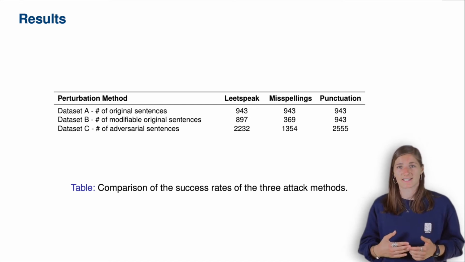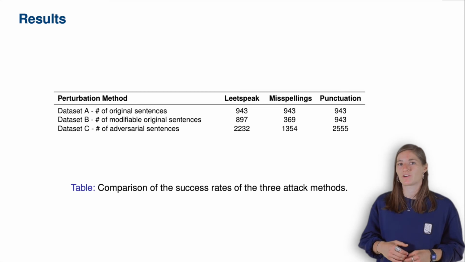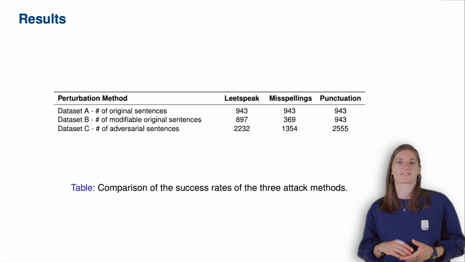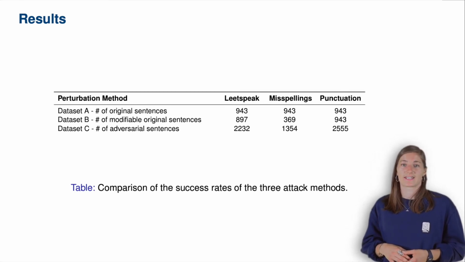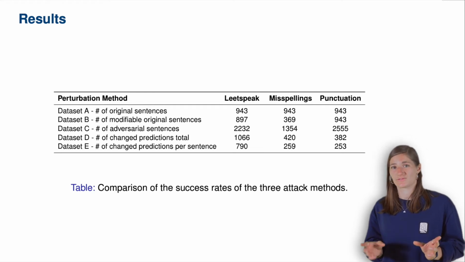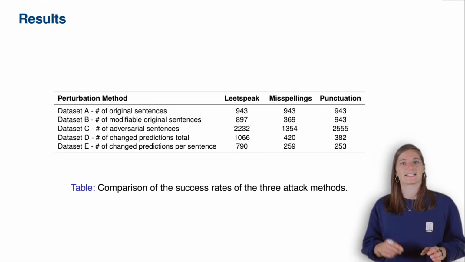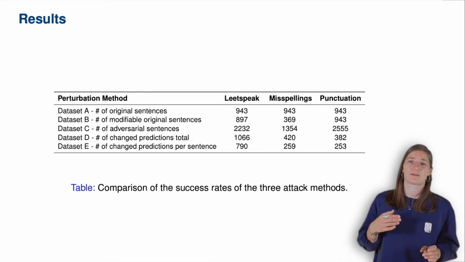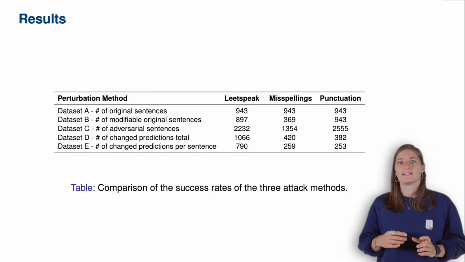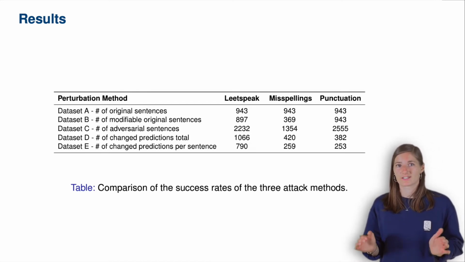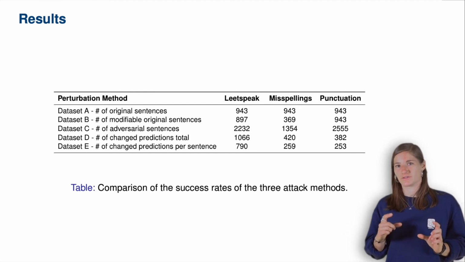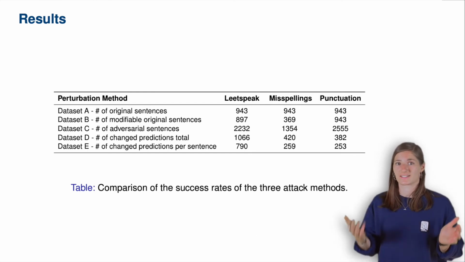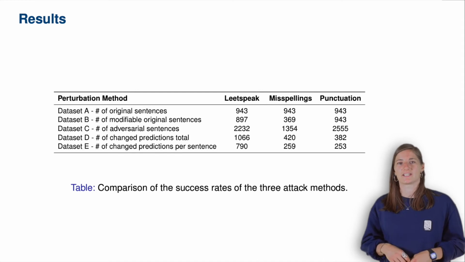A classification is considered incorrect if the number of labels or their values change. Dataset D contains all successful samples from dataset C, and dataset E contains all successful samples from dataset B. That means if per sentence one modification caused the prediction to change, the sentence is counted as adversarial and added to dataset E.